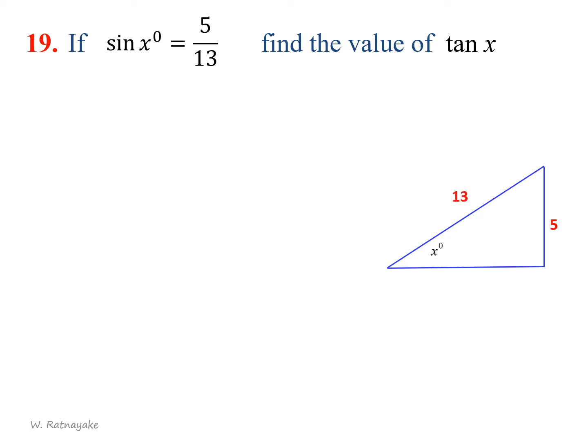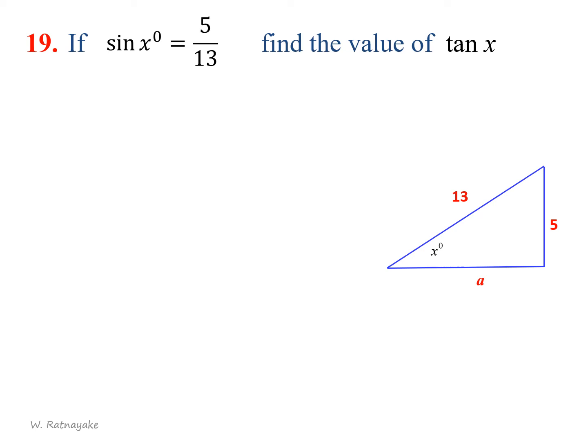We draw a right angle triangle, and if you take one acute angle as x, the opposite side is 5, hypotenuse 13, and the angle is x, and this angle we consider as a right angle.